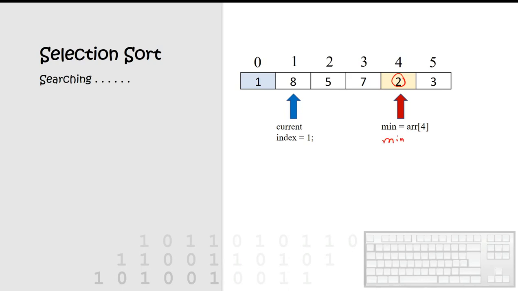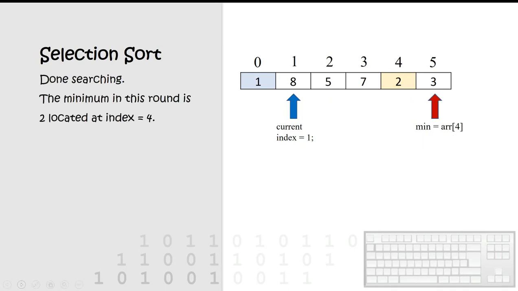The minimum is equal to 2, and the index is going to be recorded, saying that that is the one we want to do the swap with if it is the minimum in this traversing of the array. And 3 is not less than 2, so still the minimum is at index 4. So minimum is still equal to 2, j is still equal to 4. This is going to be used in our swap.